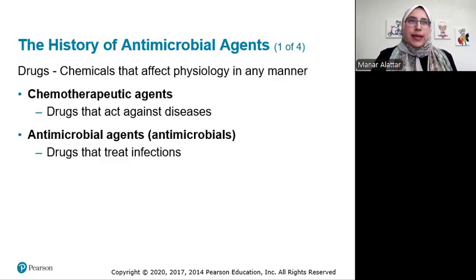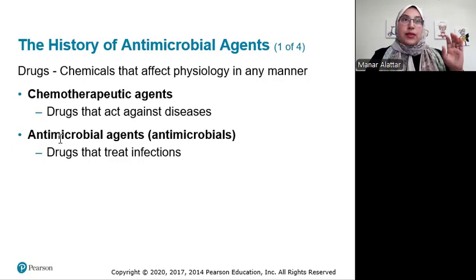And this can be as broad as various types of pharmaceuticals. But then we might be more specific and say, okay, what are antimicrobials specifically? And these are antibiotics. These are drugs that address infections that are caused by some sort of microbial agent.